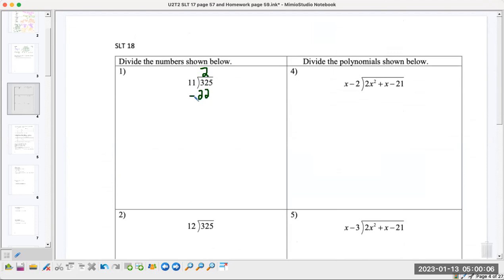Subtract. You're going to get 10. Bring down the 5. Now 11 goes into 105. Well, 9 times 11 is 99. And we have a remainder of 6. So 29, remainder of 6.